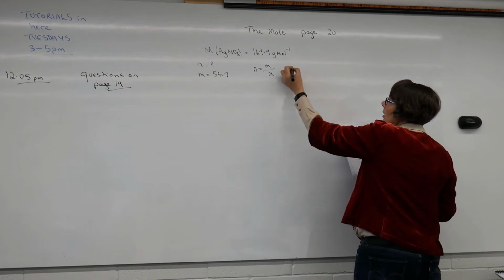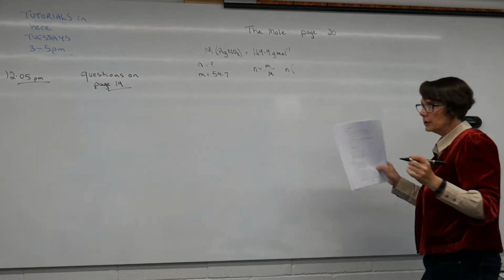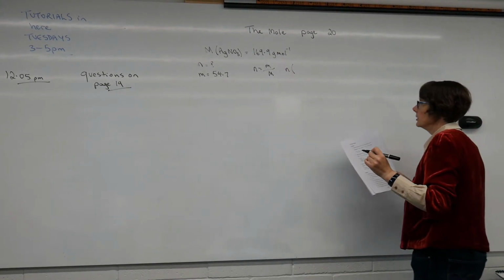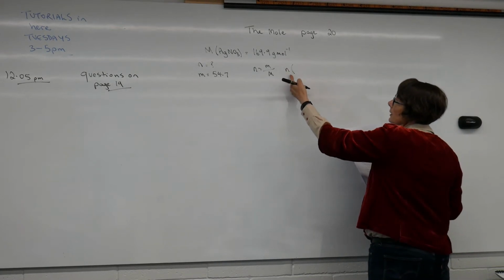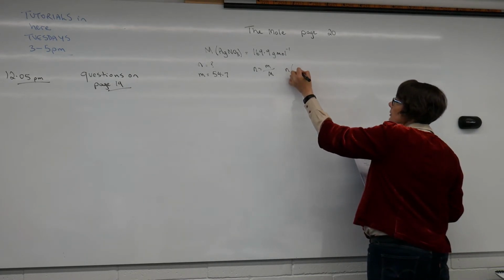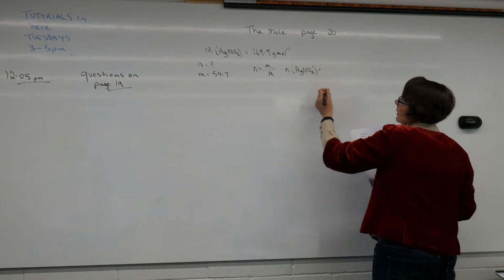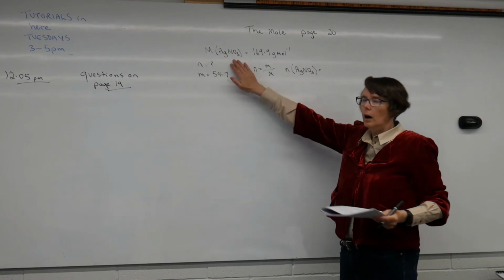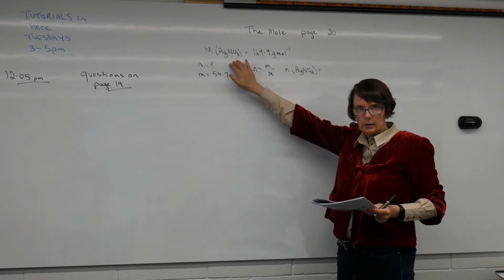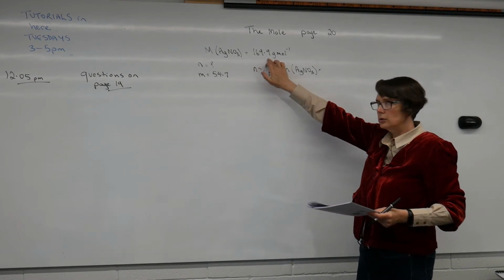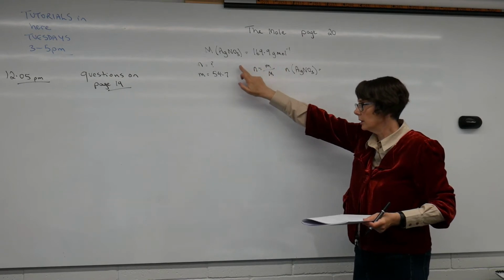So again, it's not set out like this in the book, but this is a better way of doing it. Now I'm calculating the moles of silver nitrate. So I've got the capital M in brackets telling me that that's the molar mass. This is my calculation of the value for the molar mass of silver nitrate.